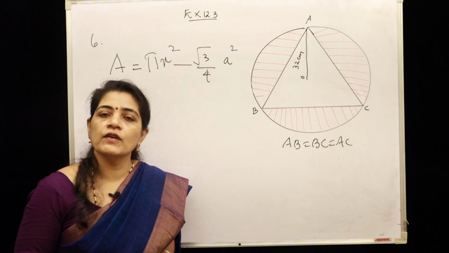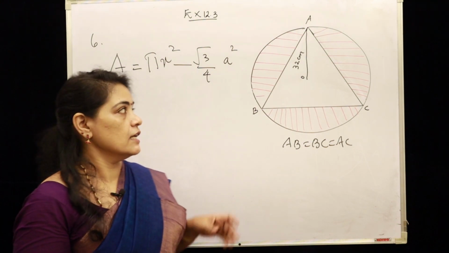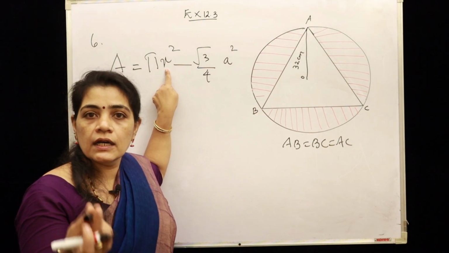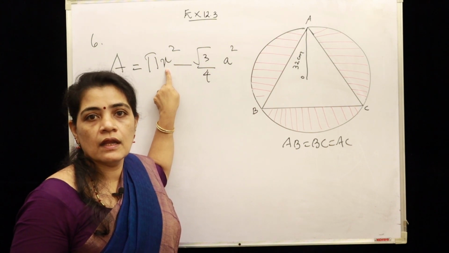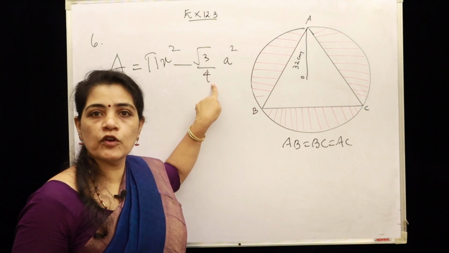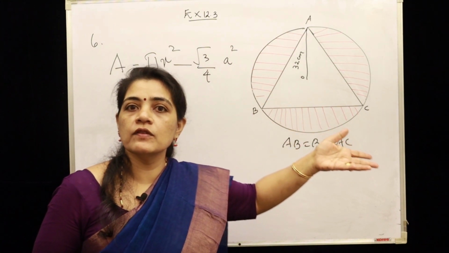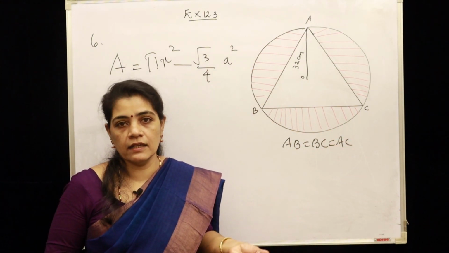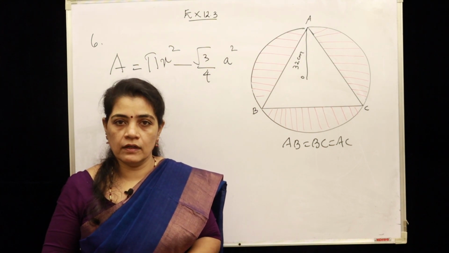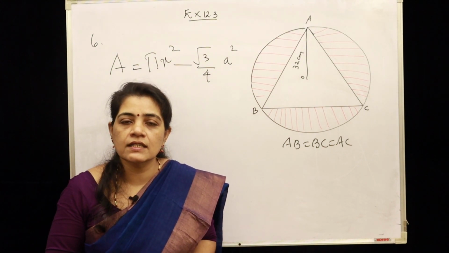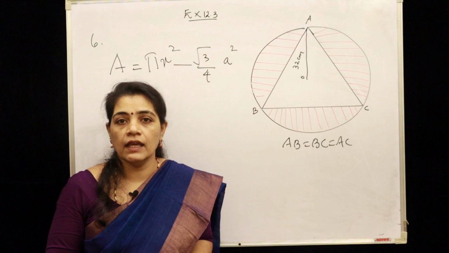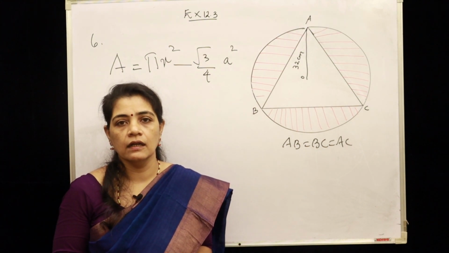We are given only the radius, so you can substitute the radius as 32 here, minus root 3 by 4, both are constants, and a square. But the side of the equilateral triangle, a, is not given, so our first task is to find the side of the equilateral triangle.